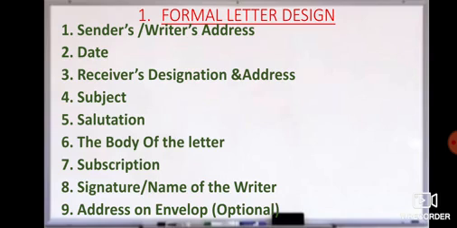These are: sender's writer's address, date, receiver's designation and address, subject, salutation, the body of the letter, subscription, signature or name of the writer, address on envelope.